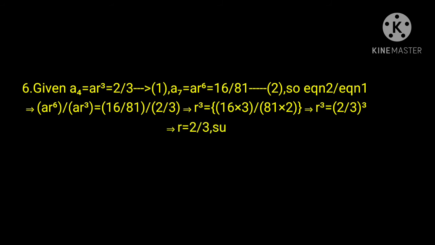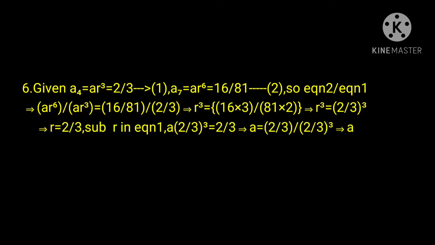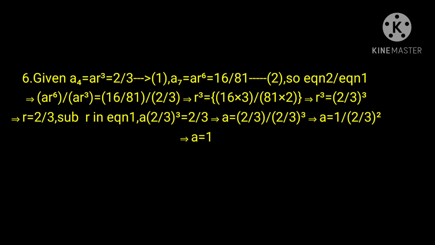Further, r cube is equal to 2 by 3 whole cube, so r is equal to 2 by 3. Substitute r in equation 1: a into 2 by 3 whole cube is equal to 2 by 3, so a is equal to 2 by 3 divided by 2 by 3 whole cube. Further, a is equal to 1 by 2 by 3 square, so a is 1 by 4 by 9, and a is equal to 9 by 4.